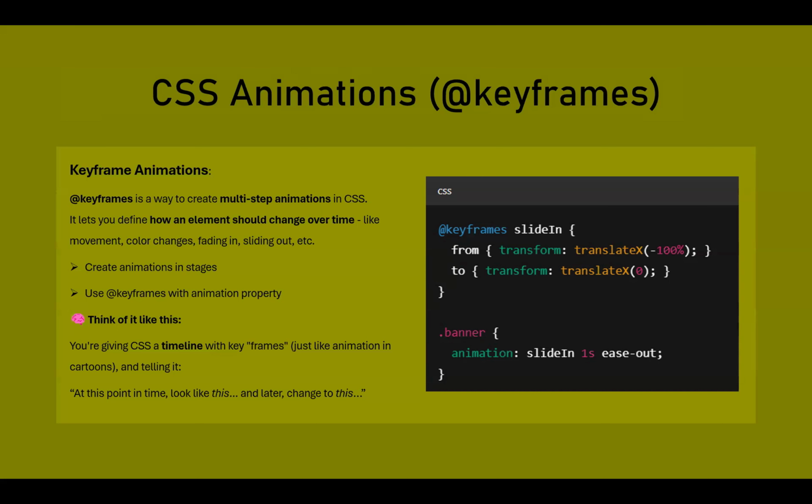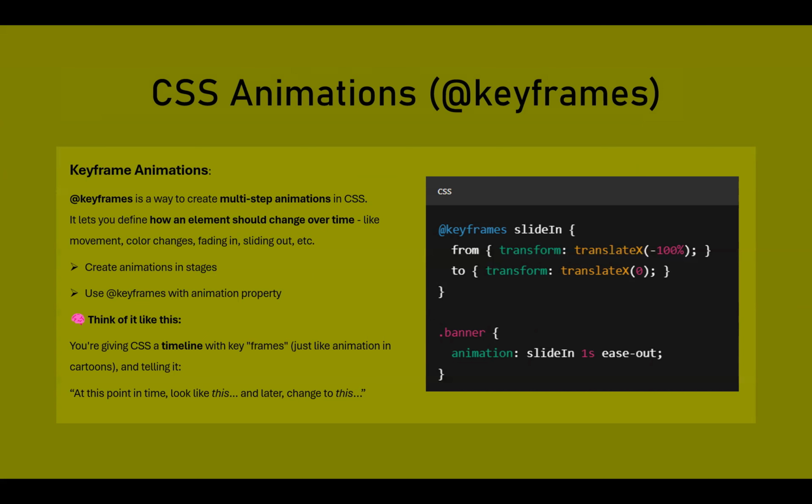Do you get? So basically you can create it in stages, and you use keyframes with the animation property. Think of it like this: you're giving CSS a timeline with keyframes, just like how real animation works in real life, in cartoons. I don't know if you know how animation works or the concept of video in general. There are different frames brought together.